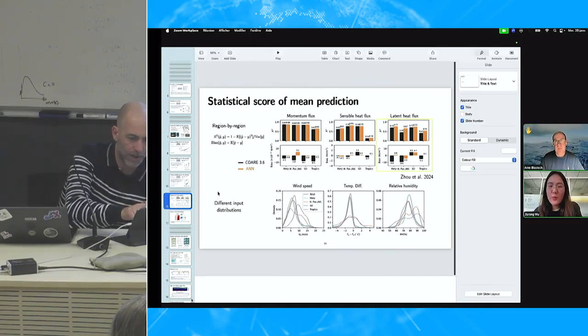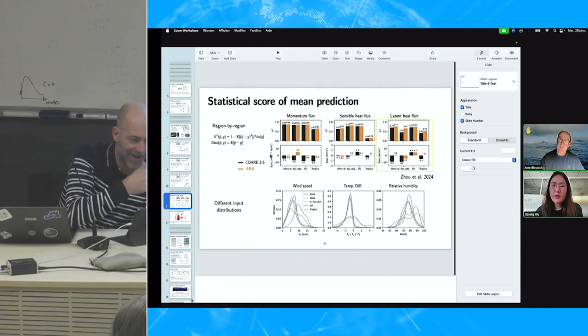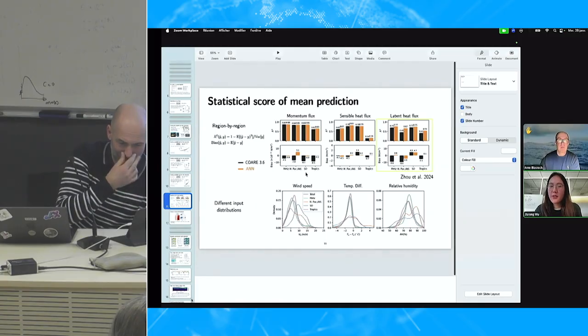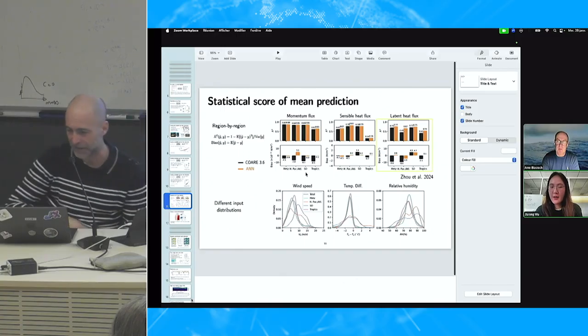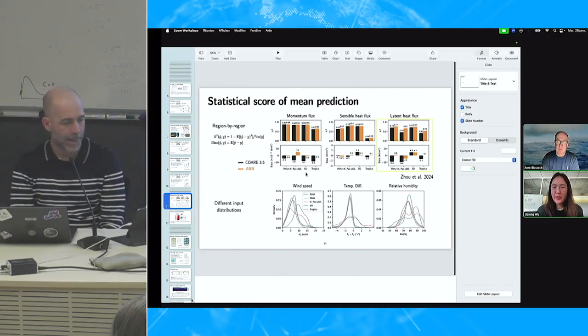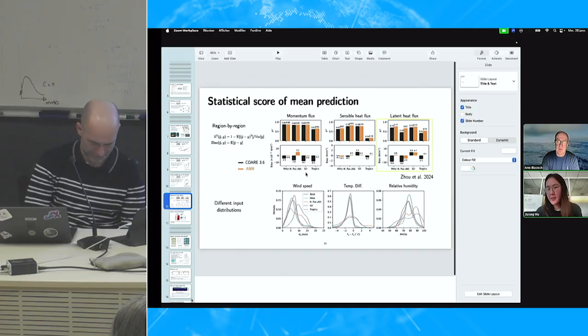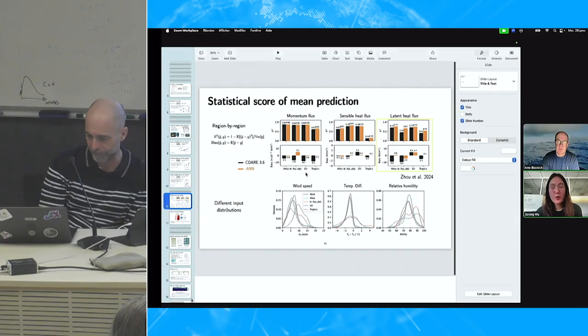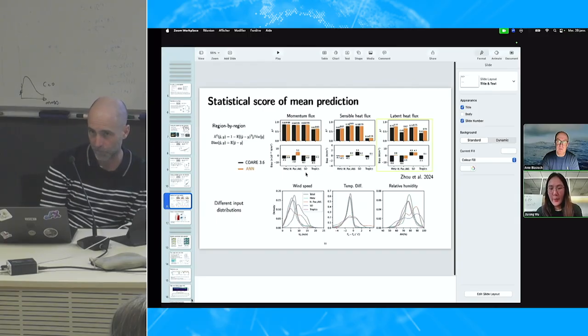Yes. So here I plotted the bias across the entire data set. I have some independent test where I train on 80% of the data and test on the rest. But when I was training, I didn't separate data depending on geographical regions.